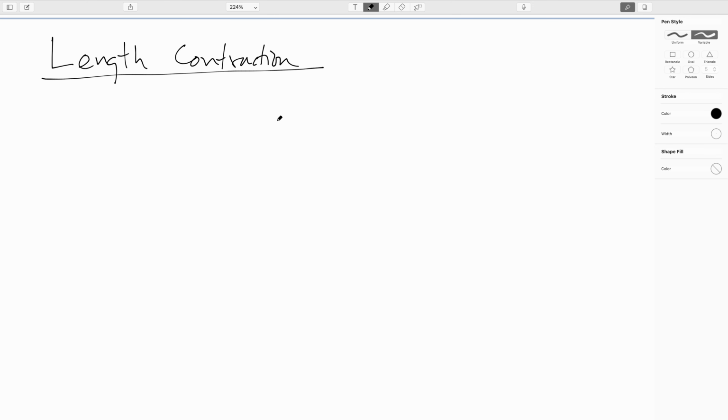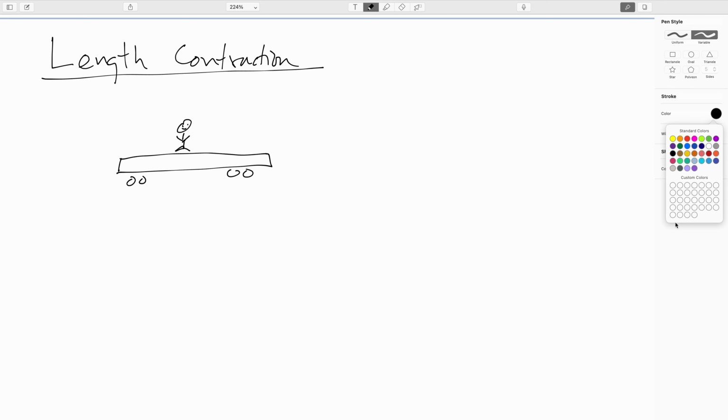So if we go back to our train car here. So here I am sitting on my train car. And we'll have you over here by the side of the tracks.